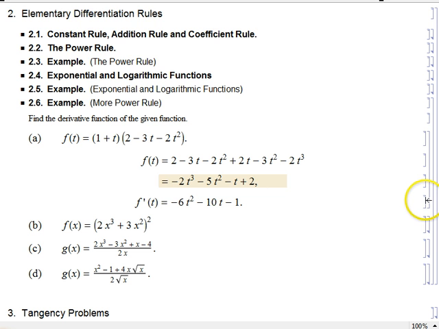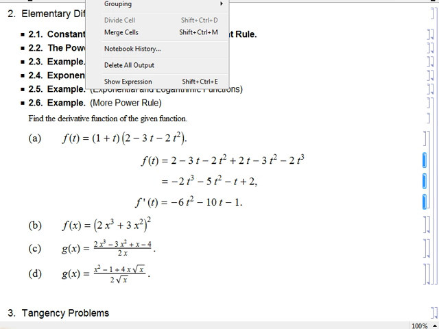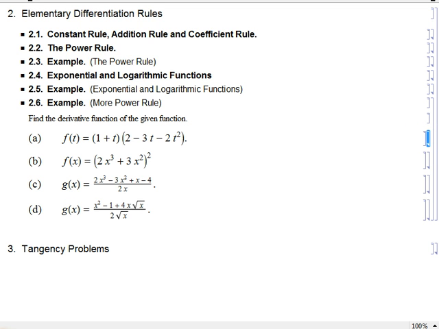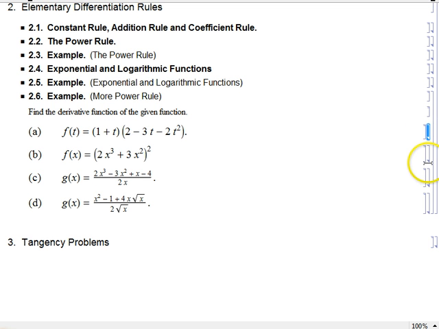So what's the moral of the story? Expand and then apply the power rule one at a time. Actually, you can do the same thing for this one too.